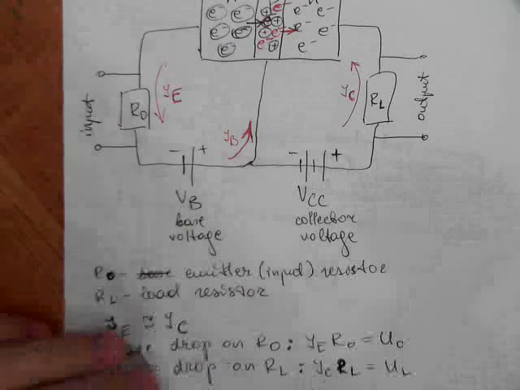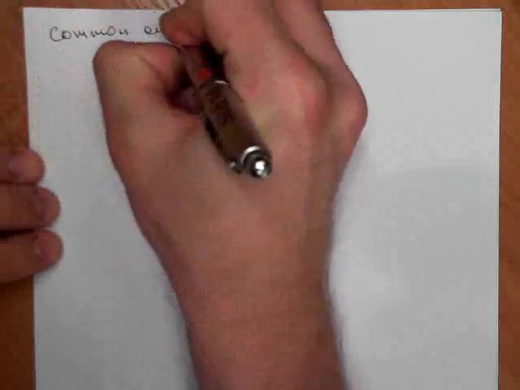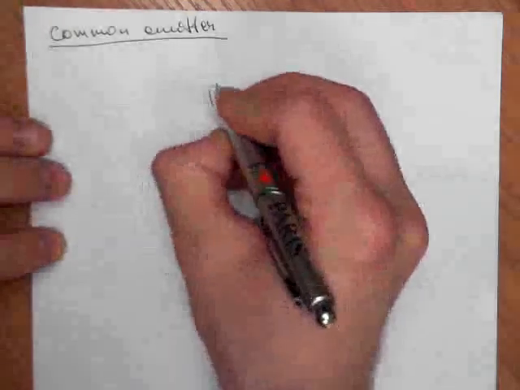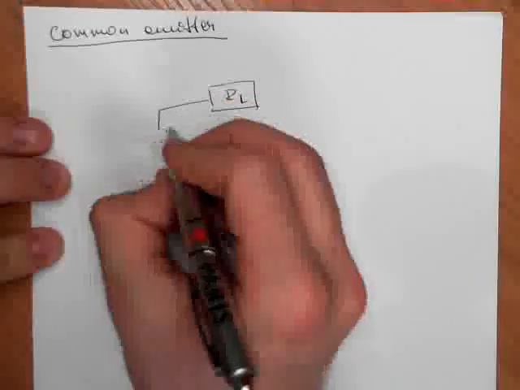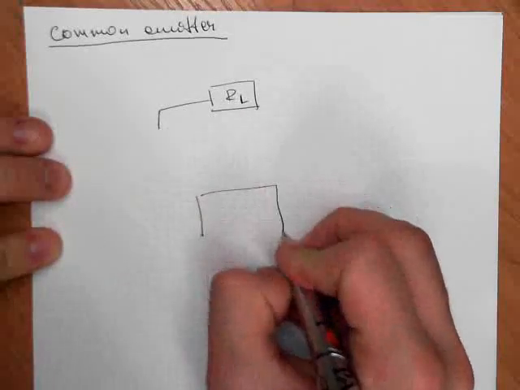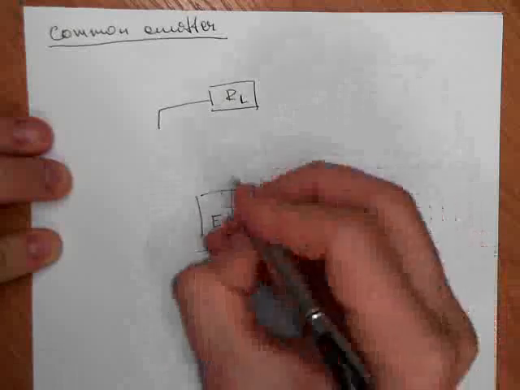Now we can go to common emitter configuration. It means that we connect the emitter with the base and with the collector. So we also draw RL. Let's draw this. Base is small. Emitter, base, collector. We have an NPN transistor.